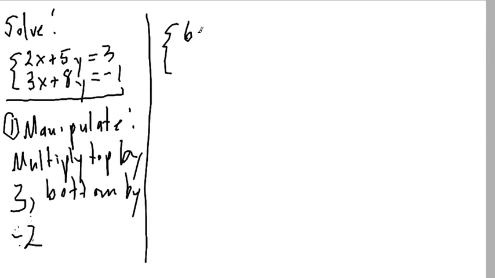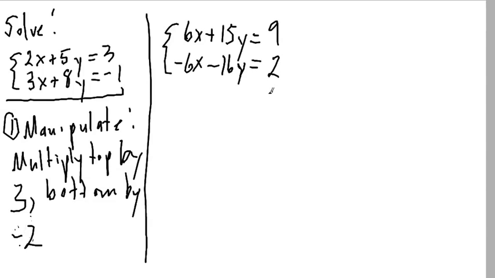So the top becomes 6x, 3 times 2x gives me 6x, 3 times 5y gives me plus 15y, and 3 times 3 gives me 9. The bottom equation, 3 times -2 gives me -6x. These will now cancel. 8 times -2 gives me -16y, and -1 times -2 gives me 2.